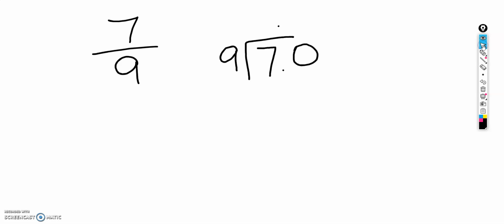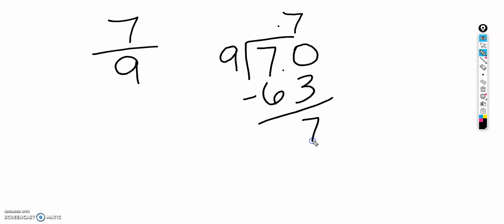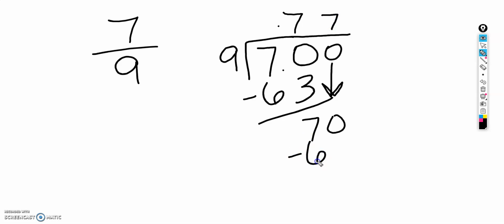Now, how many times does 9 go into 70? 7 times 9 is 63. So we are going to do 7. When you subtract, you're going to get 7. Take the 0, bring it down. We have the same thing again. So it's going to go in 7 times.